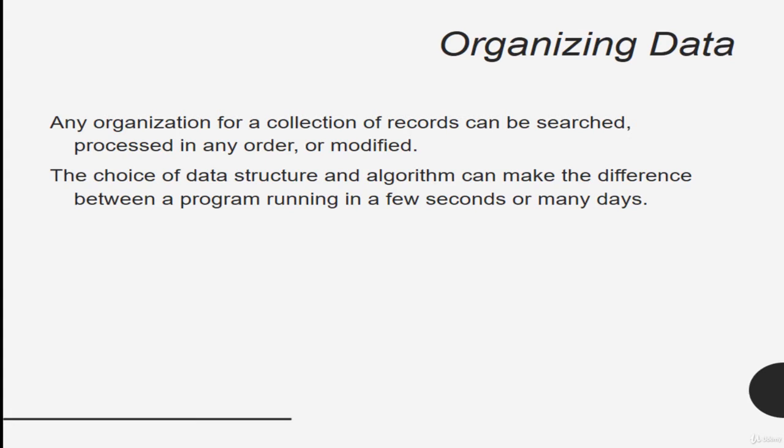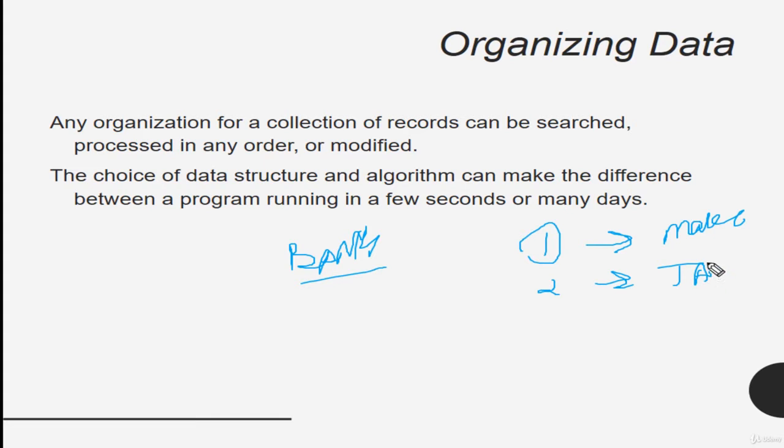The choice of data structure and algorithms can make the difference between a program running in a few seconds or many days. Let us see an example of a person who is making a bank account. On the first day, he makes a bank account, does a transaction, and on the same day closes the account.